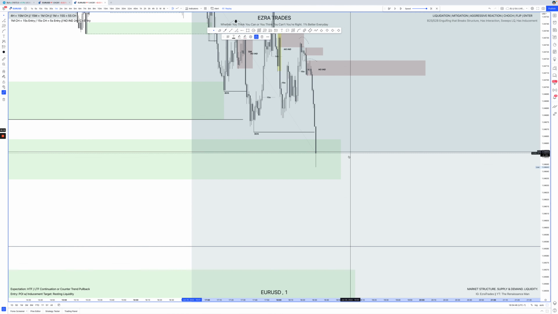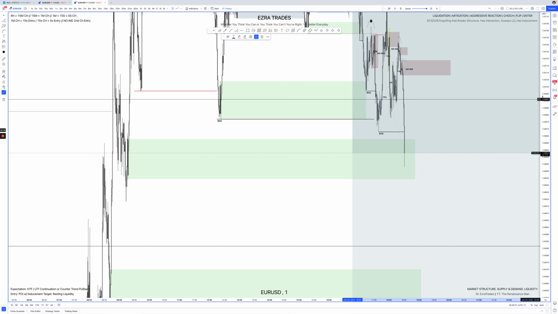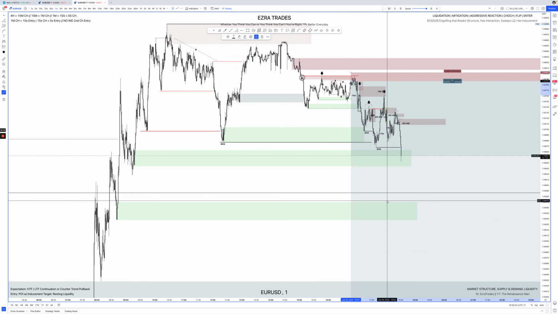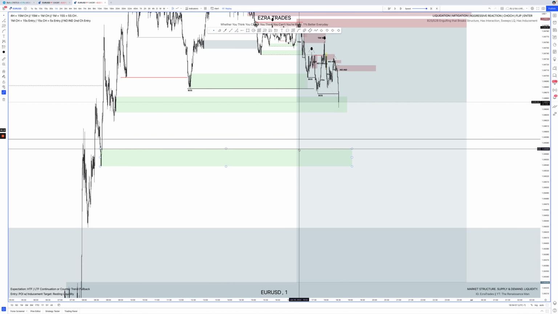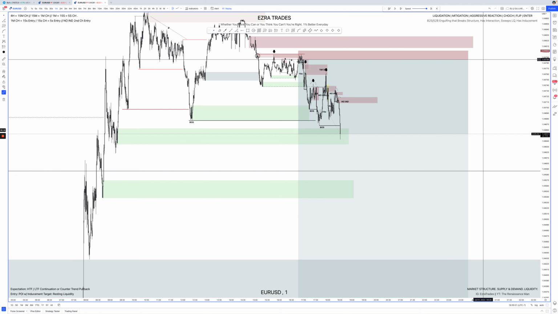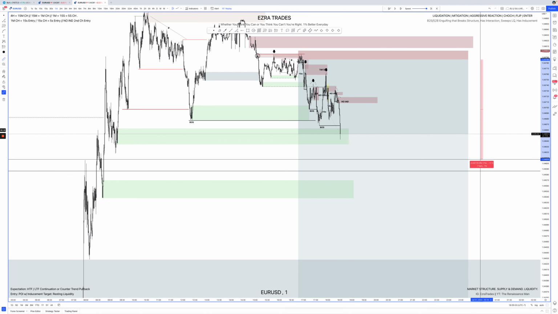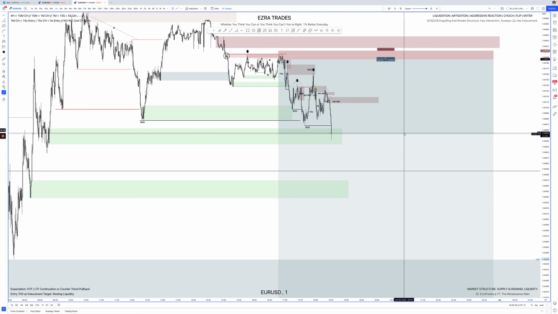All right, so now that we're in this area, I'm going to look to the left, and I'm just going to keep more focus on what's the next zone, right? So this would be the next area that I could be looking for price to come into. And I believe that might be where I hit my take profit and closed my trades. I don't remember, where did I hit it?